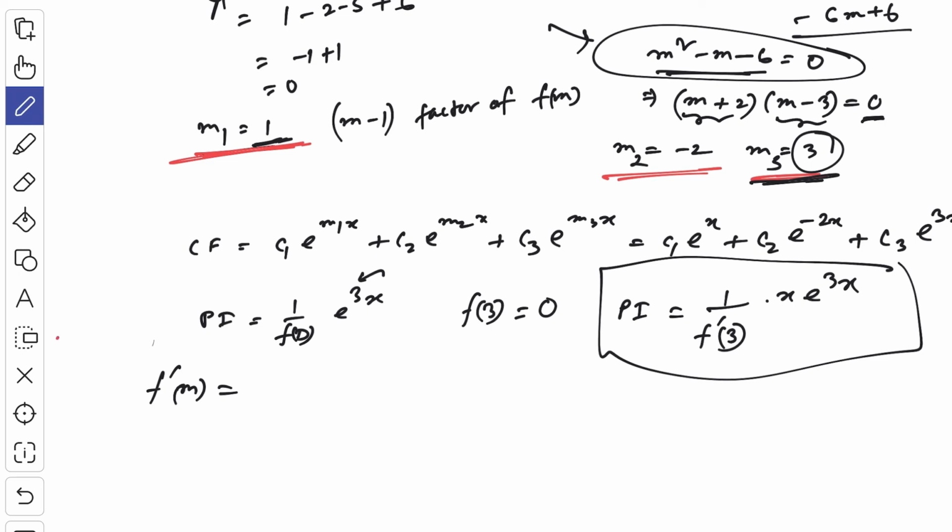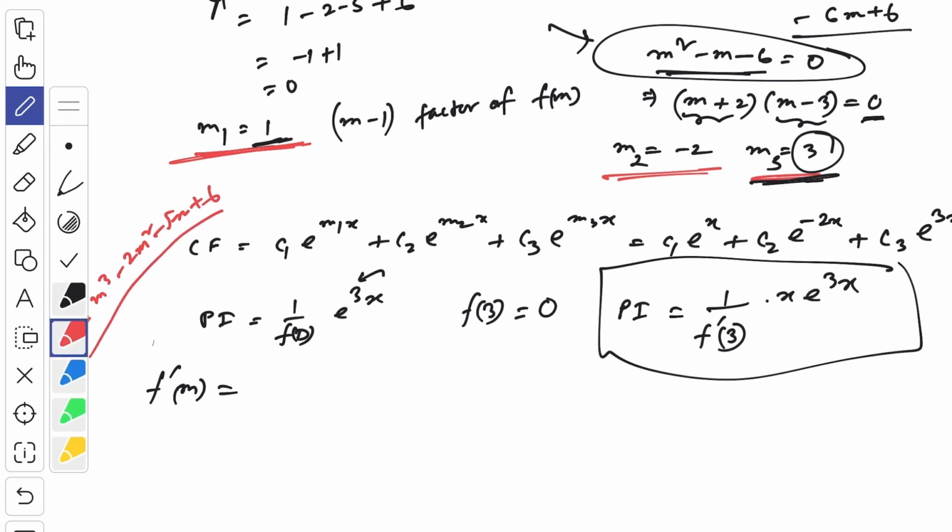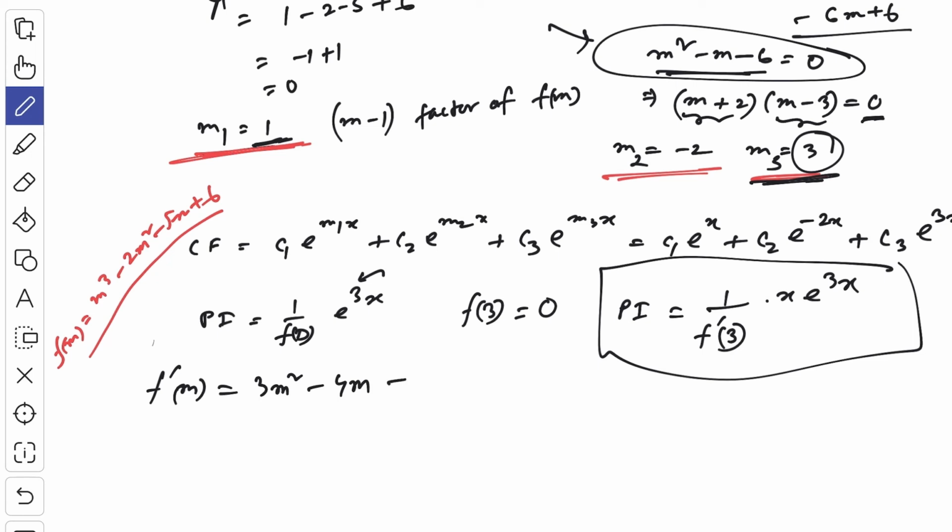In this case our f of m is equal to m cube minus twice m square minus 5m plus 6. That is the f of m. If you differentiate it, then what will you get? f dash of m will be thrice m square minus 4m minus 5. That's what you will get, isn't it?